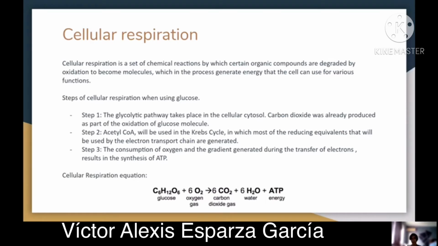The consumption of oxygen and the energy released during the transfer of electrons results in the synthesis of ATP, which is the energy that the cell uses to complete its tasks. And the equation is glucose plus oxygen produces carbon dioxide, water, and ATP, which is energy.